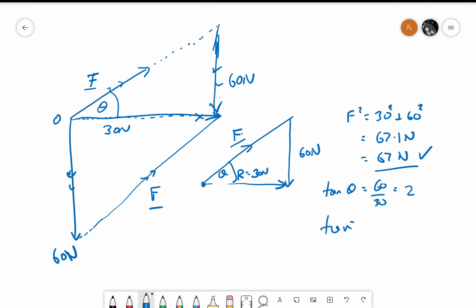So tan inverse of 2 will equal theta, and we find that theta equals 63.4 degrees. Again, that's 3 sig figs, we need to reduce it, so we come down to 63 degrees. And there's the answer to the problem. I hope that helps.